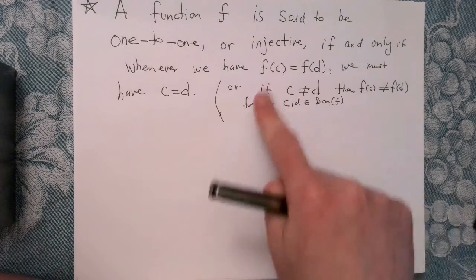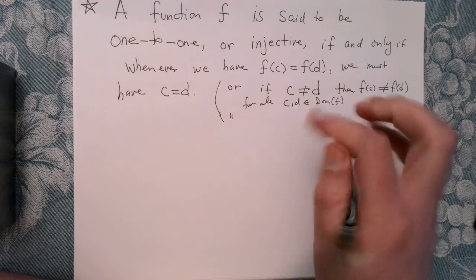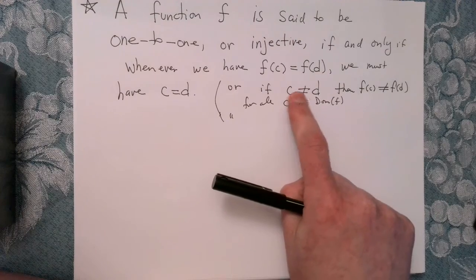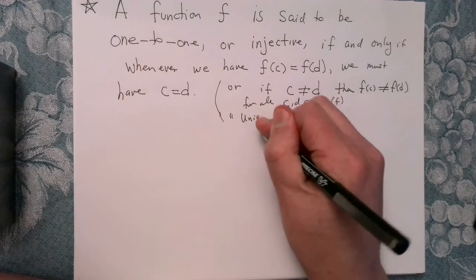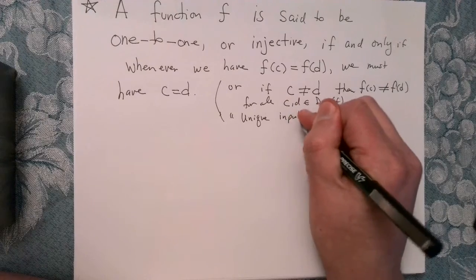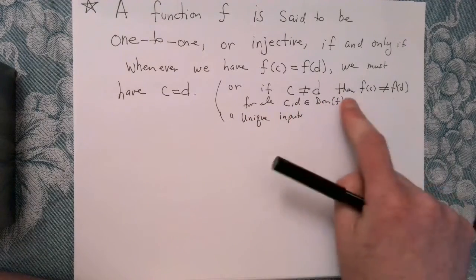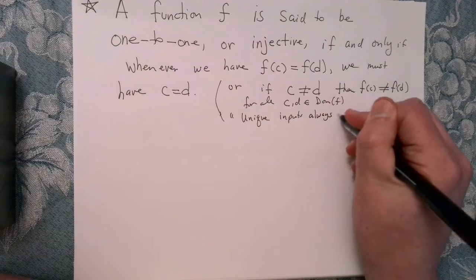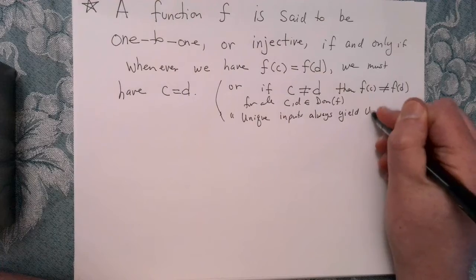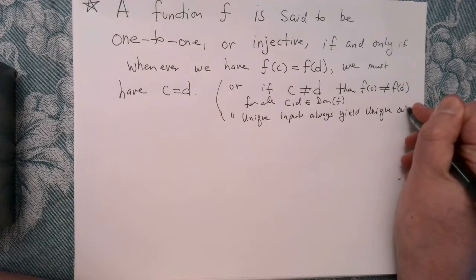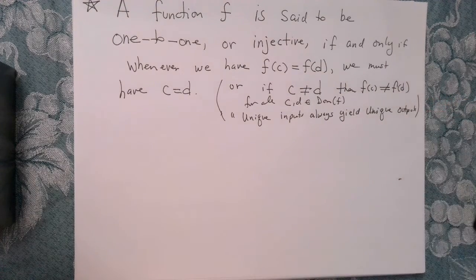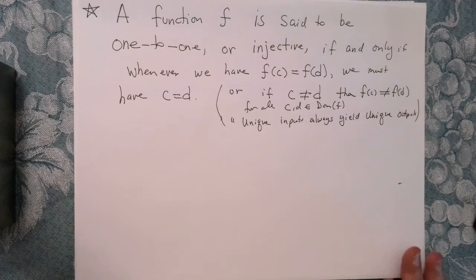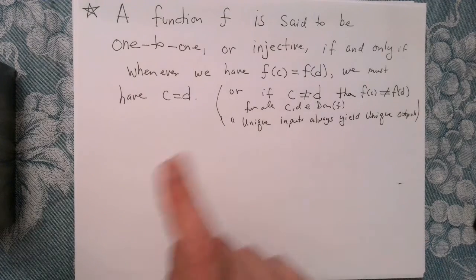And so how do I interpret such a statement? Let's actually write this down sort of verbally. So unique, so not equal means unique. Unique inputs always lead to unique outputs. Okay, so a function is one-to-one if it has this property.